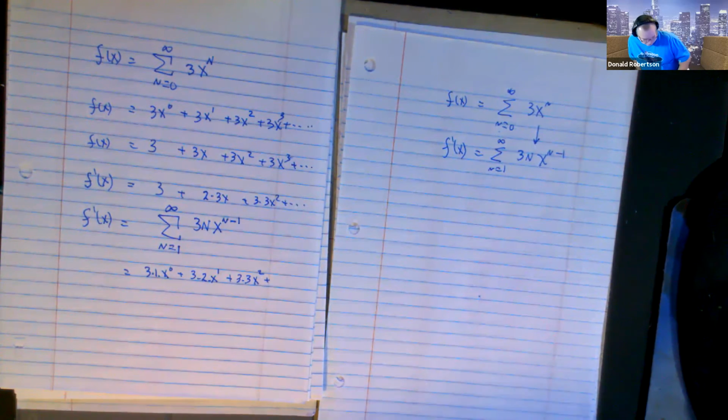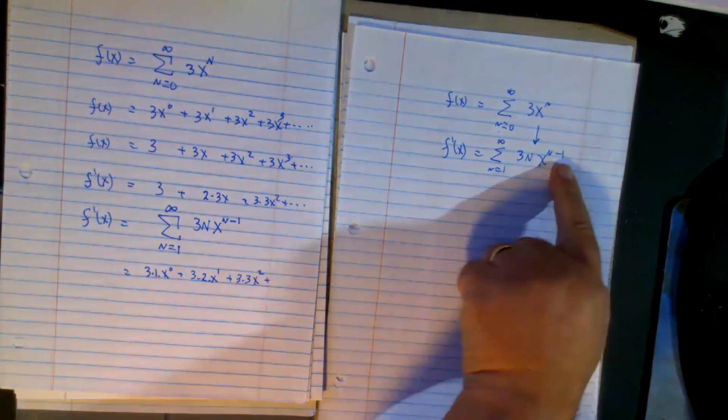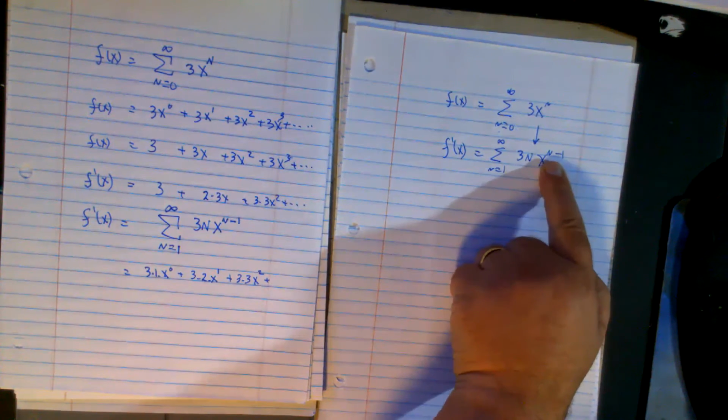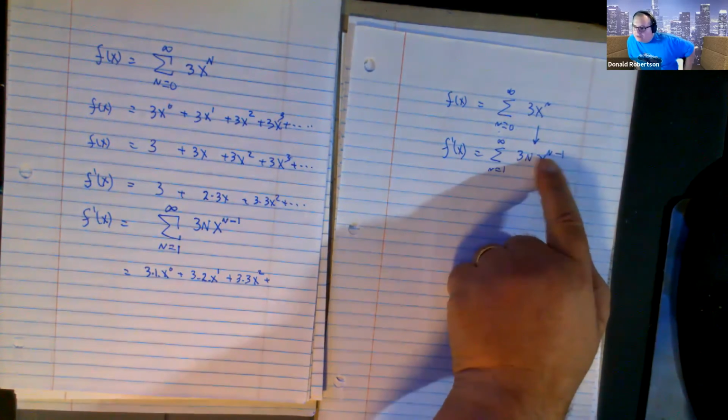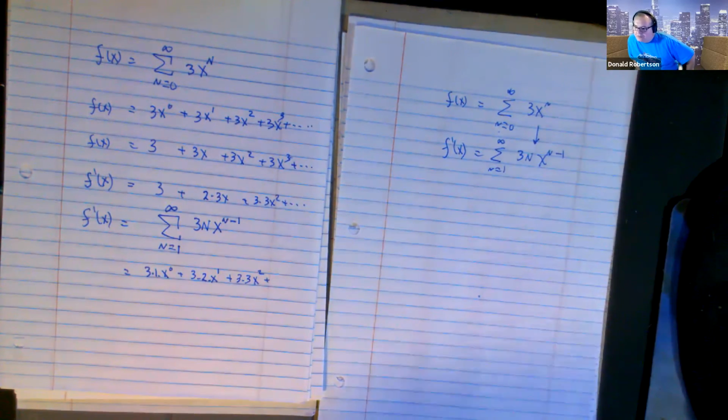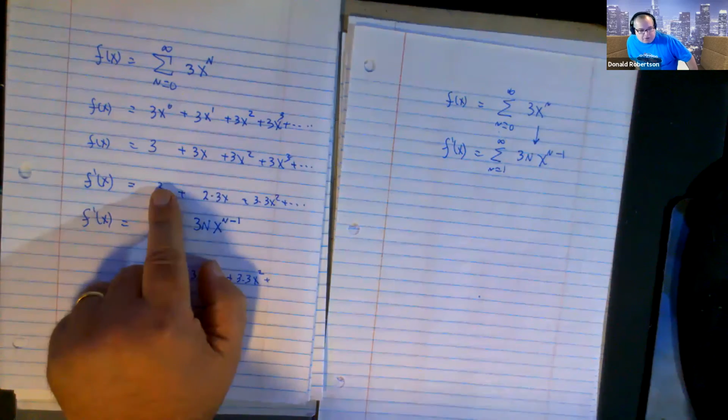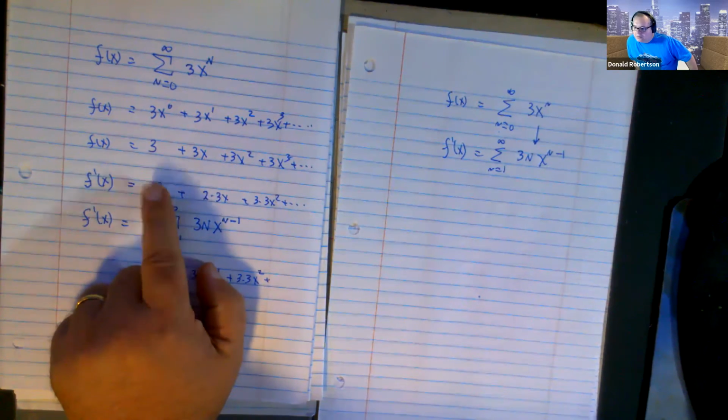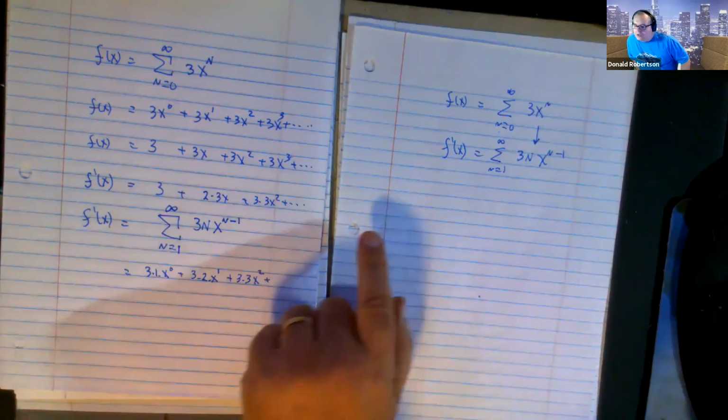Also, if you plug n equals 0 into here, don't you get x to the power of -1? And wouldn't that be, as Carson was saying, a vertical asymptote at 0, which doesn't exist. When you differentiate something, don't you lose that term there? And that means that the n equals 0 term disappears from the equation. So we start at 1.